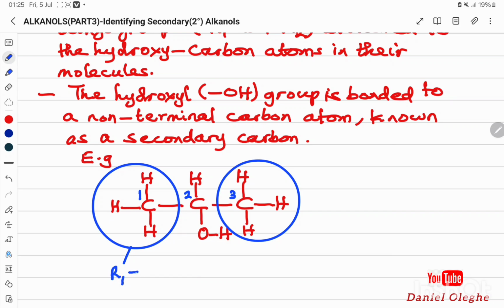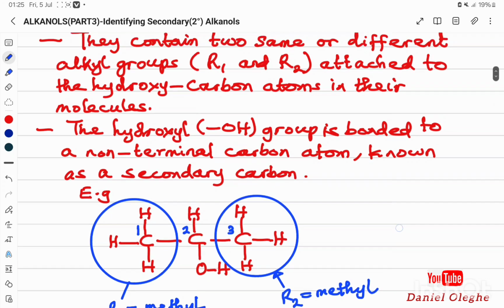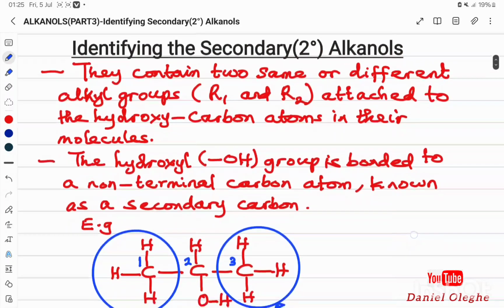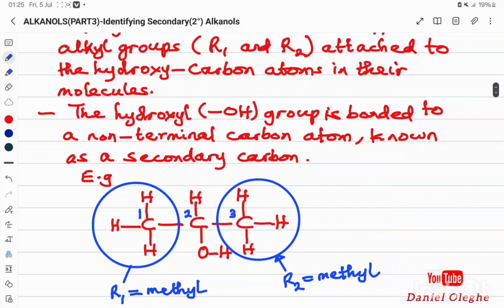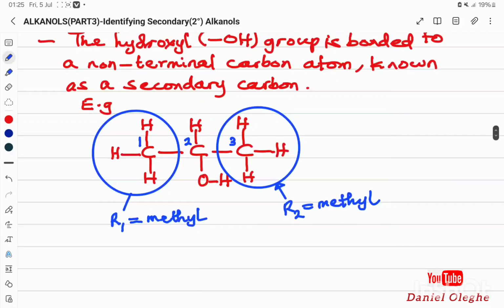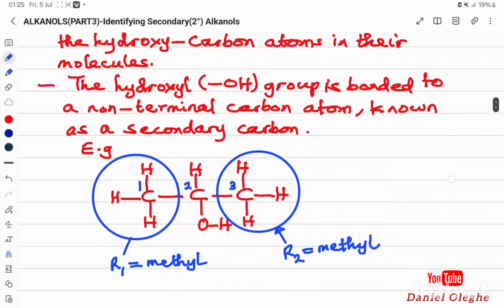Let's say this is R1; both of them are the same. They can be the same or different alkyl groups, but this one contains 2 alkyl groups which are the same. They are both methyl groups. It's a secondary alkanol because the hydroxy-carbon contains 2 alkyl groups attached to it in that molecule. So this is an example of a secondary alkanol.